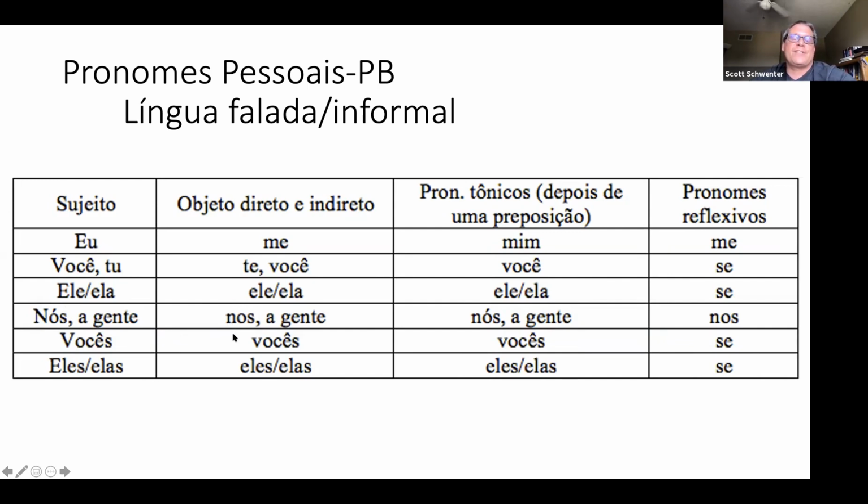And so it's actually pronounced as nous instead of nos. And then over here, sort of the same thing. We'll talk about this thing, a gente, which looks like la gente, but has a completely different meaning.